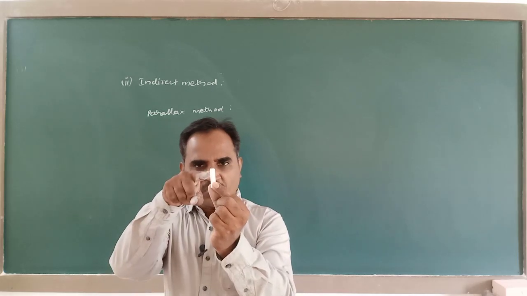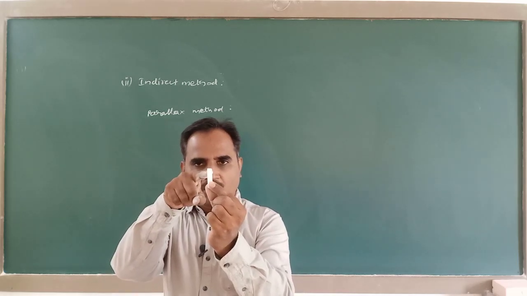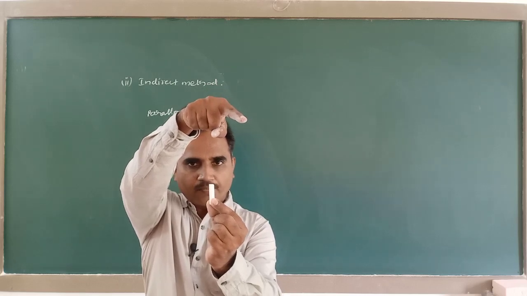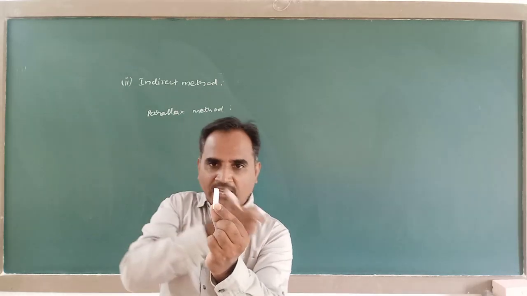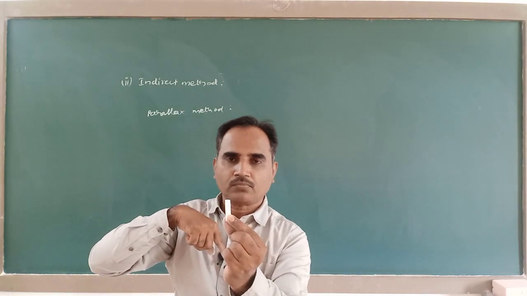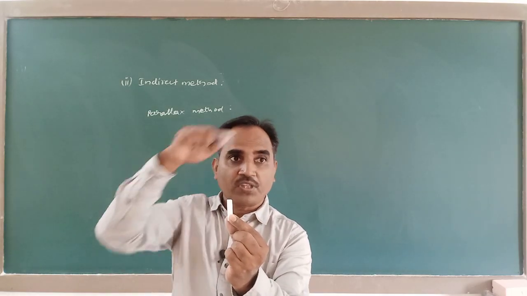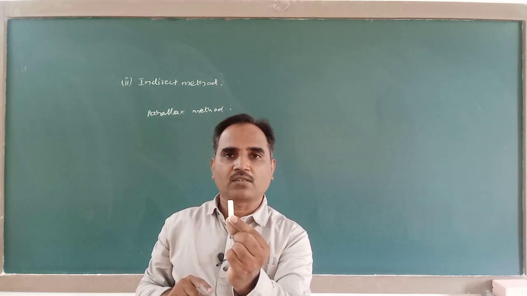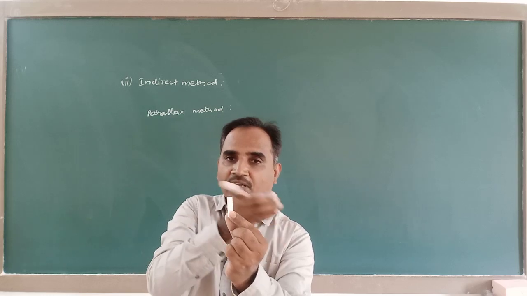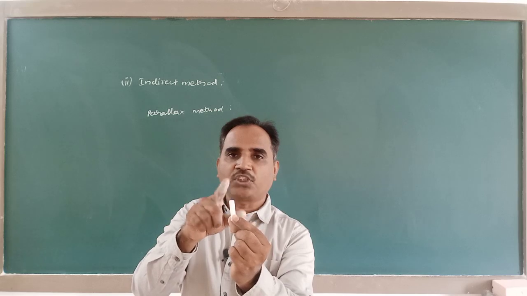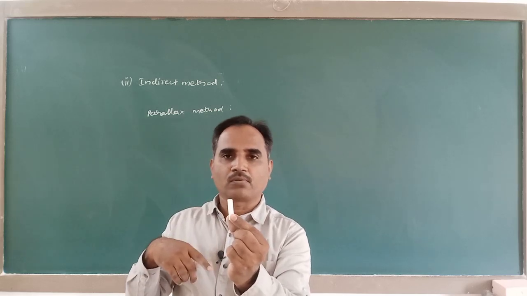When I look from this side, the background is that window. Whereas when I look from this side, the background is the door. With reference to the background, the position of this object is different. Understand? Depending upon the direction along which you view, the position of the object changes with respect to the background.